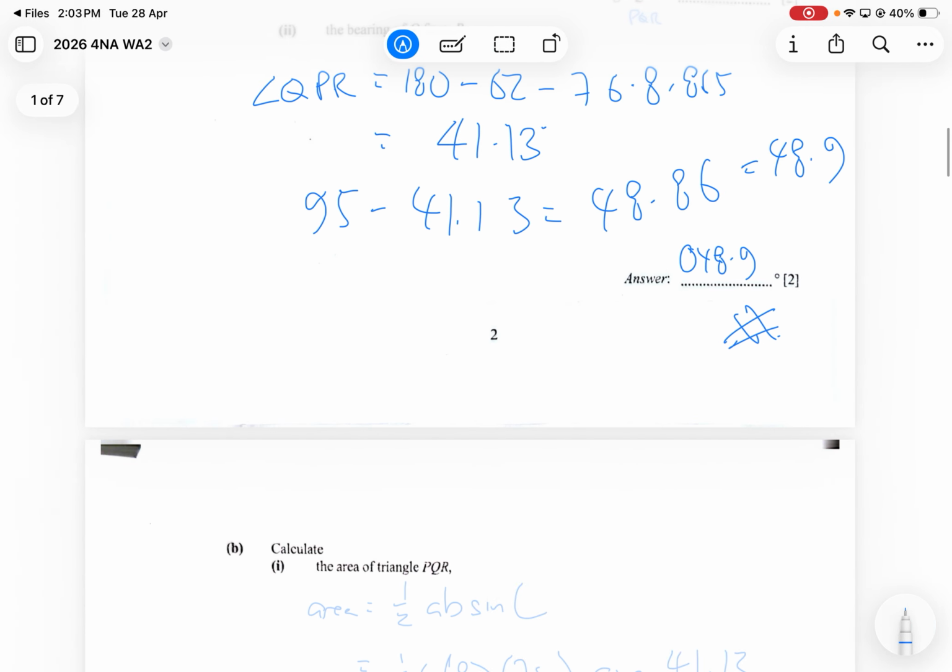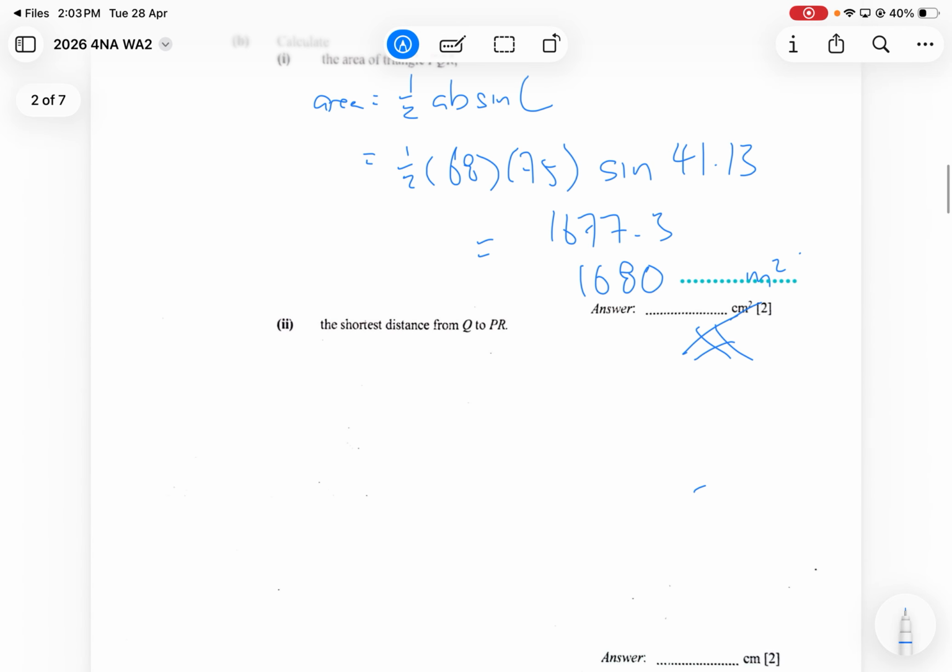Okay, so area of PQR, if I use half base times height, half base is 75 times height, it will be equals to the area, which I have already found, 1677.3. Okay, when we are using the area, we use the more exact one.